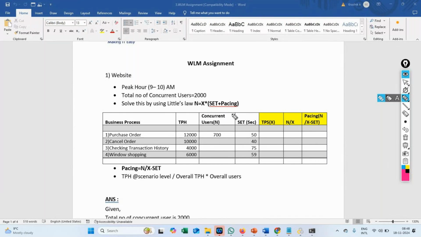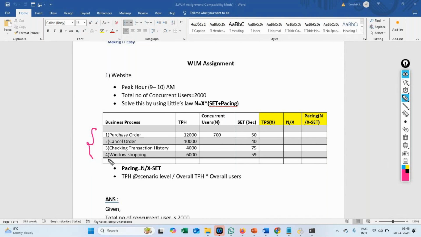Now, let's say this is one application, an e-commerce application. It has four important critical scenarios. One is purchase order, one is cancel order, one is checking transaction history, and the fourth one is window shopping. Everyone agree?